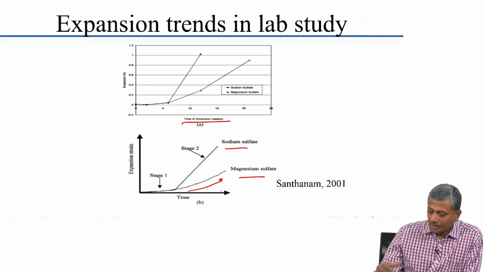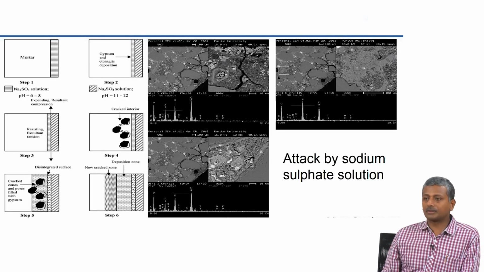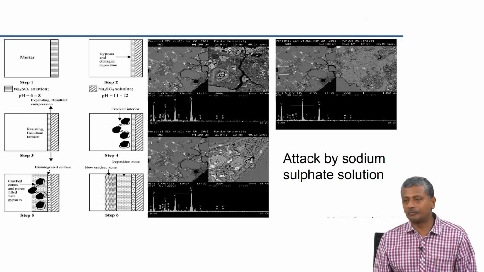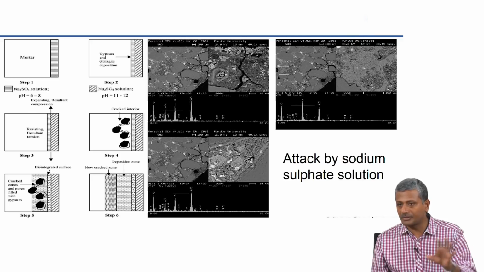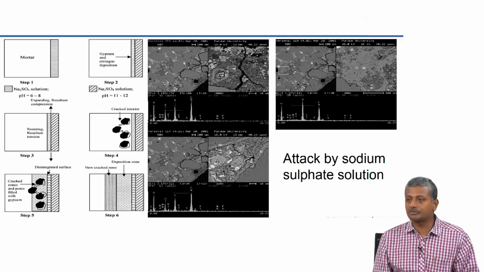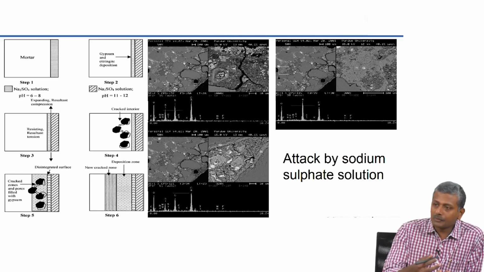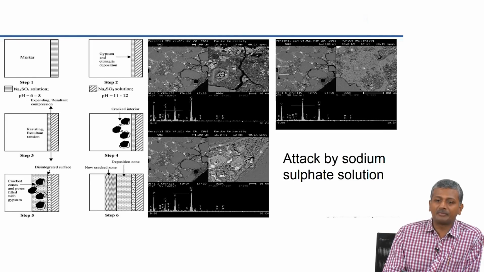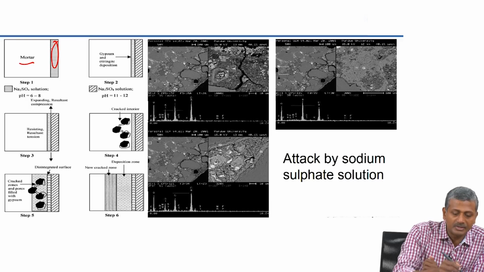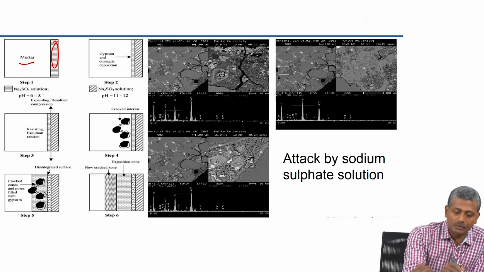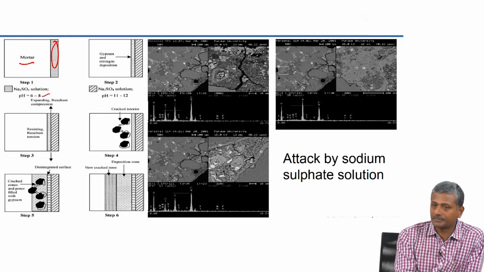Now, what I looked at further, when I combined these physical deterioration characteristics with the actual microstructural images from the system, was that I was able to work out some sort of a mechanism by which this damage actually occurs. Here this is your mortar which is immersed in a sulfate solution. The sulfate solution initially has a pH of 6 to 8.